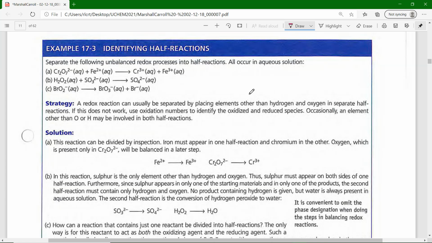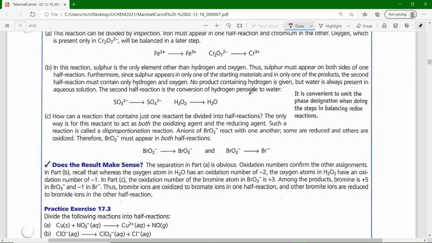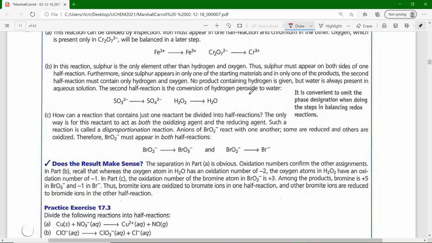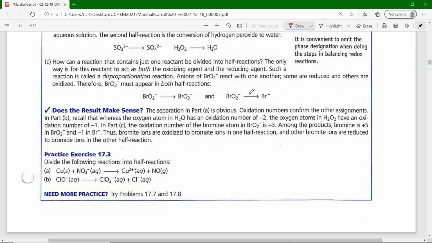We have some examples here of separating things into oxidation and reduction half reactions. I'm going to go straight to examples of balancing. There are times though where one thing goes into two other things. That's called a disproportionation reaction.